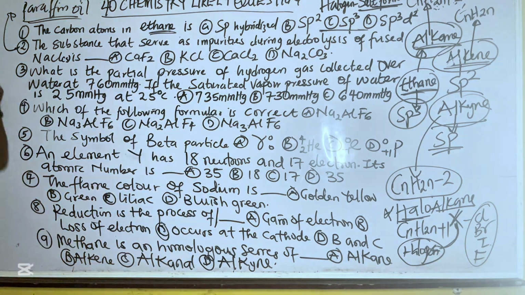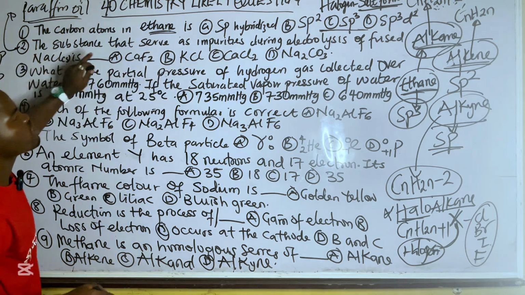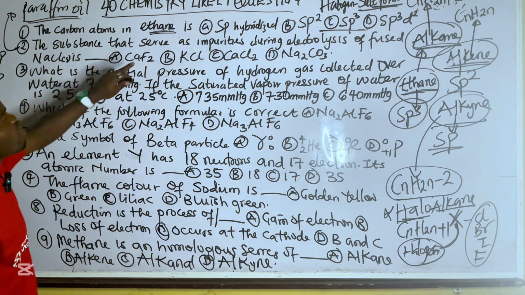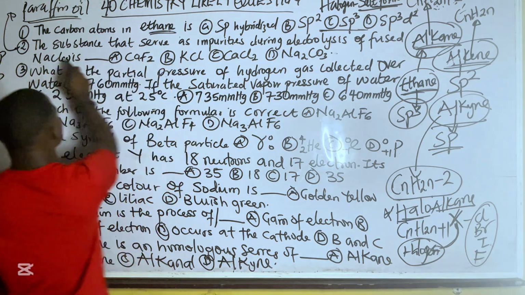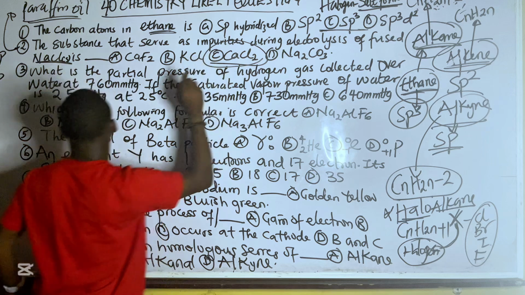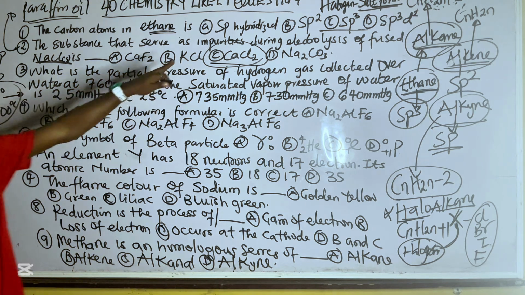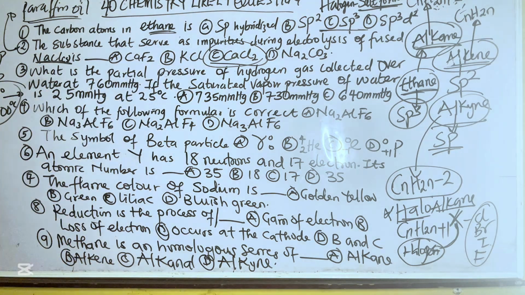If it is melting point, it will reduce; if it's boiling point, it will increase. That means the answer to this question is calcium chloride. It will reduce it from 801 degrees Celsius to 600 degrees Celsius. That's what calcium chloride does in this particular process.